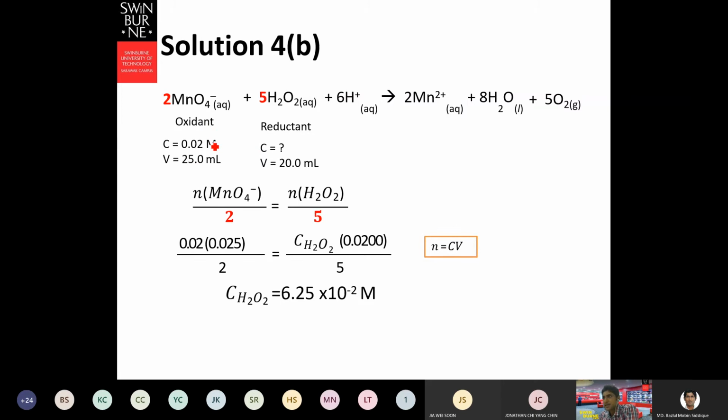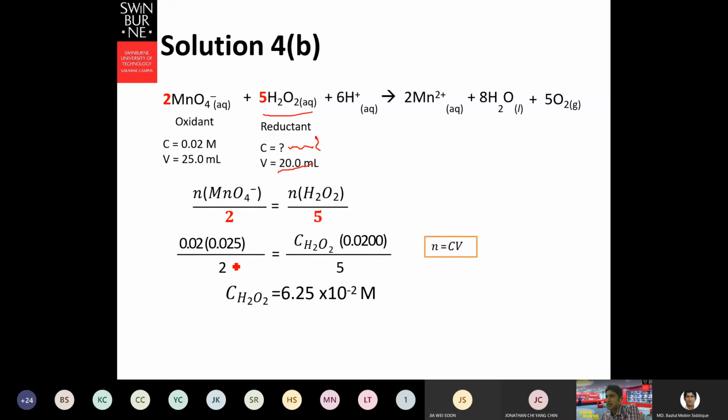So this is producing manganese and water and oxygen. So 0.02 molar of permanganate, we use 25 milliliter of this concentration. 20 milliliter of this hydrogen peroxide is also used, but what will be the concentration of that to get the whole thing neutralized? That means none of the oxidant and reductant remains at the end.